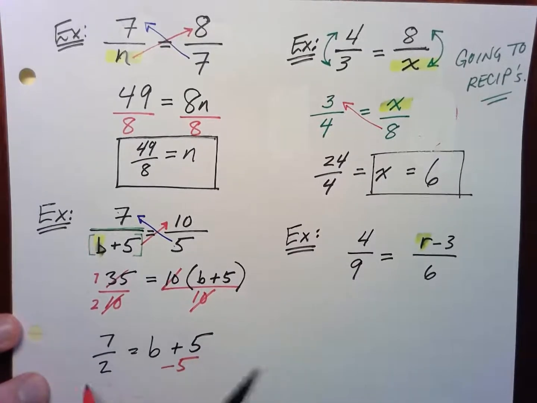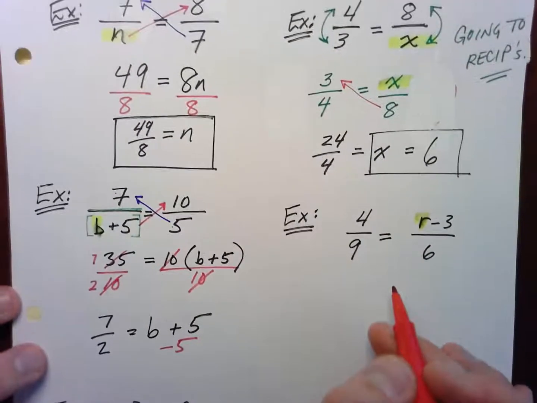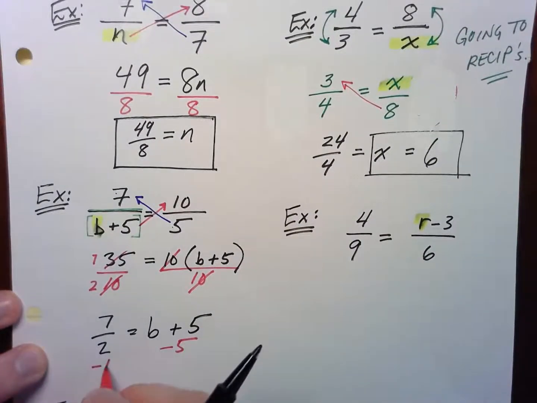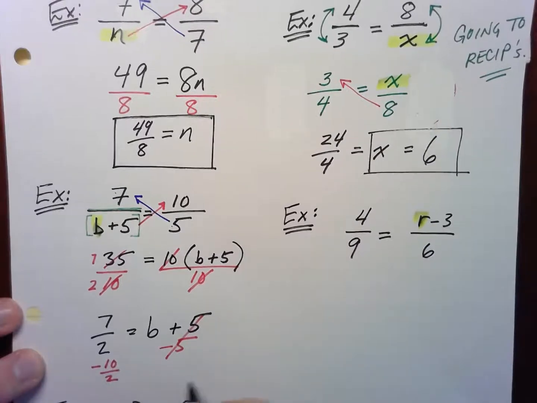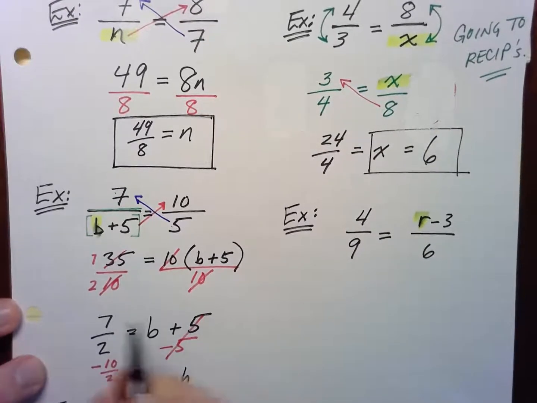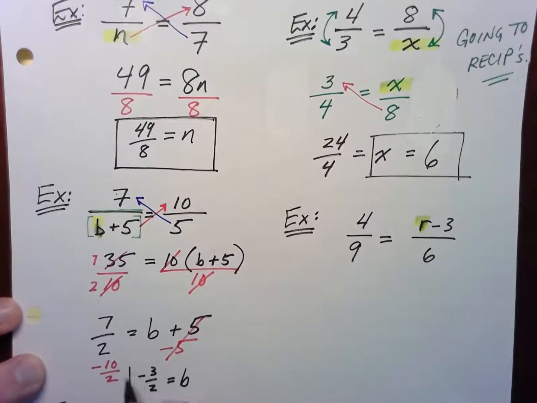But we have to subtract 5 in a way that will work with the 7 halves we already have over here. So we need to actually subtract 10 halves, which is 5, okay? And so then those go away, and we're left with b equals 7 minus 10 is minus 3 halves, okay?